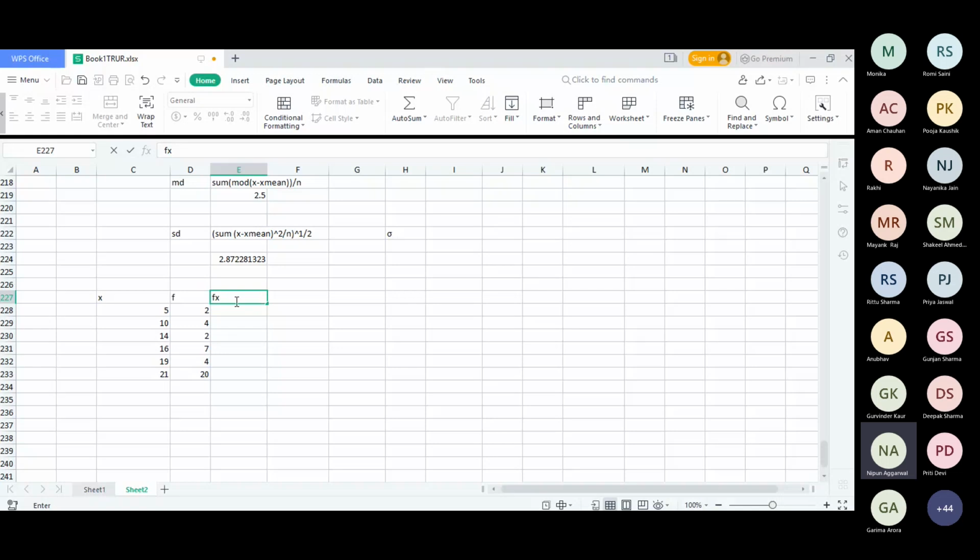So again we have to calculate the mean. The mean can be calculated by summation fx divided by summation f. So we will calculate f into x, the individual fx, and then the sum of all fx becomes summation of fx.